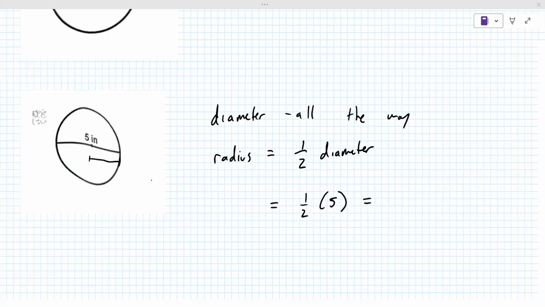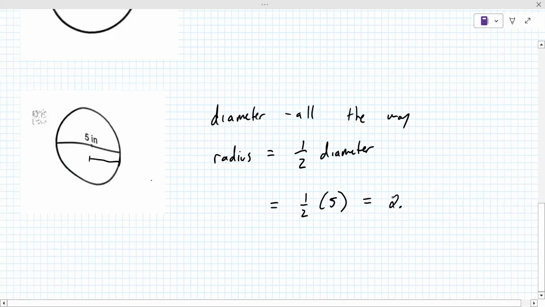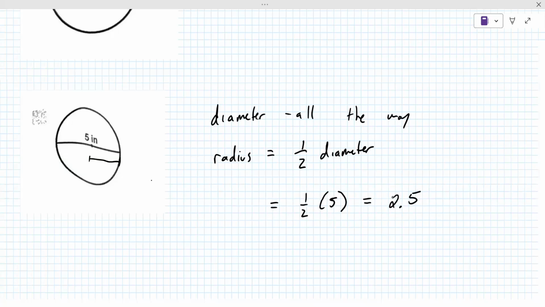Would it be 1/2 times 5 is, sorry, it's 2 and 1/2. 2.5, we could say. Okay, so now that's enough to find the area.